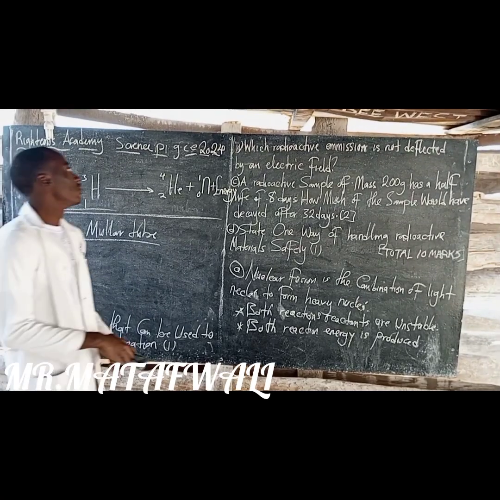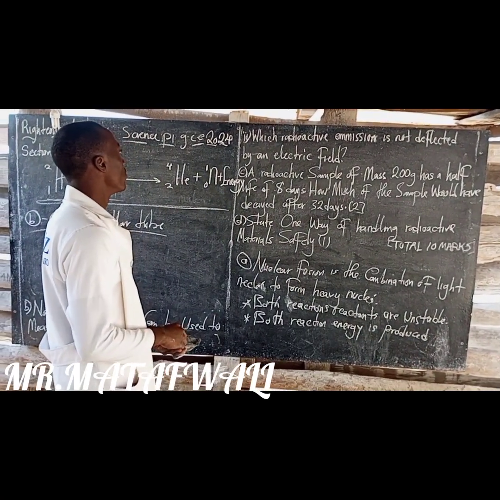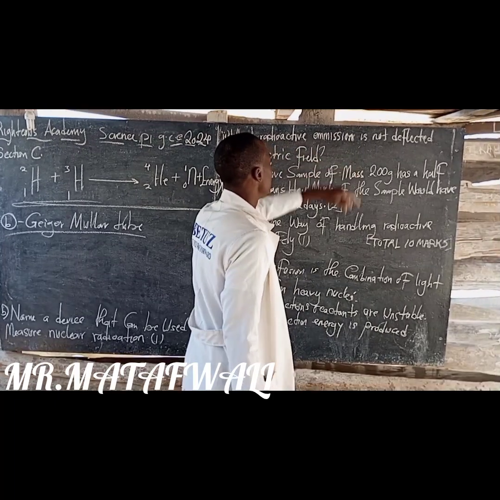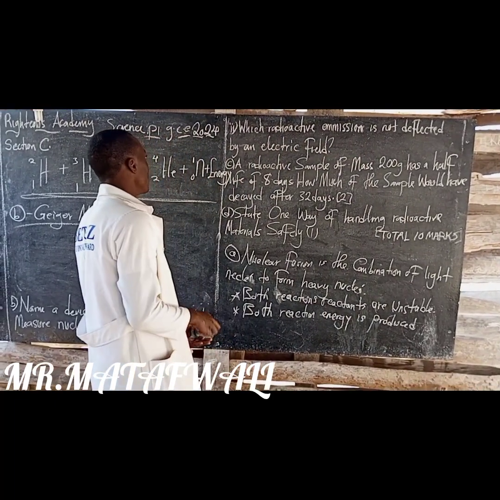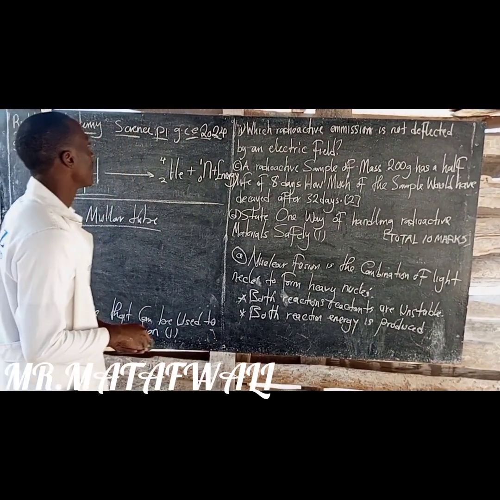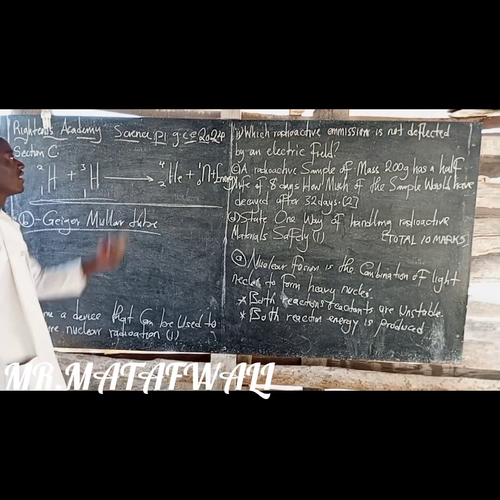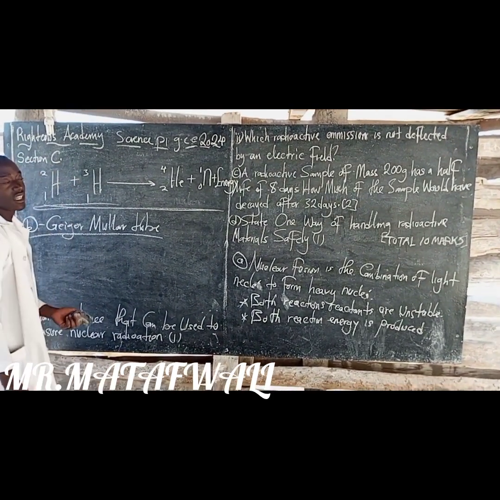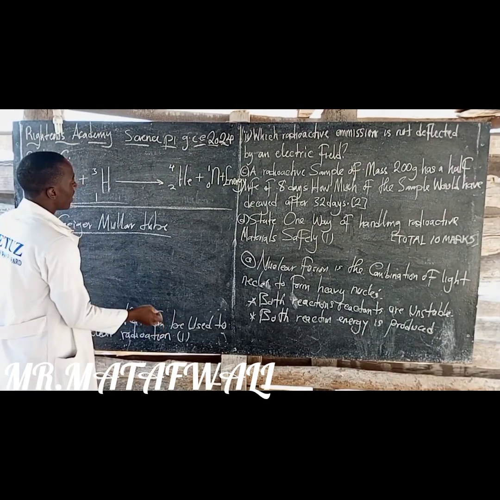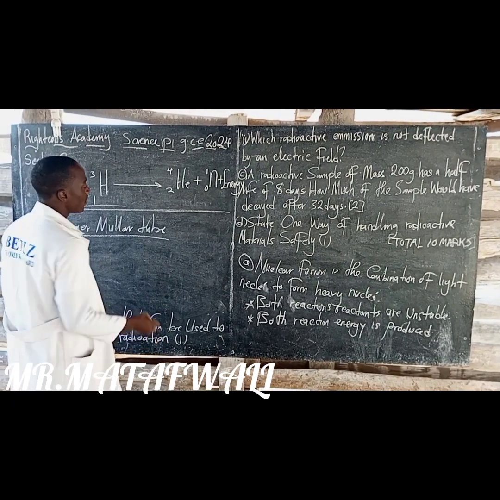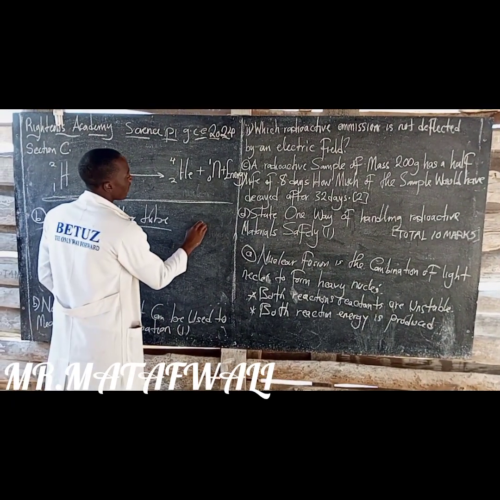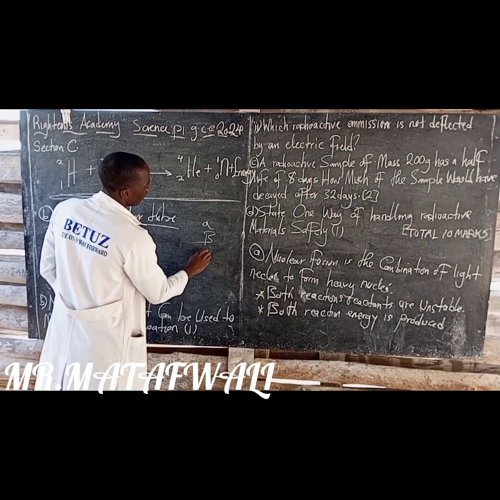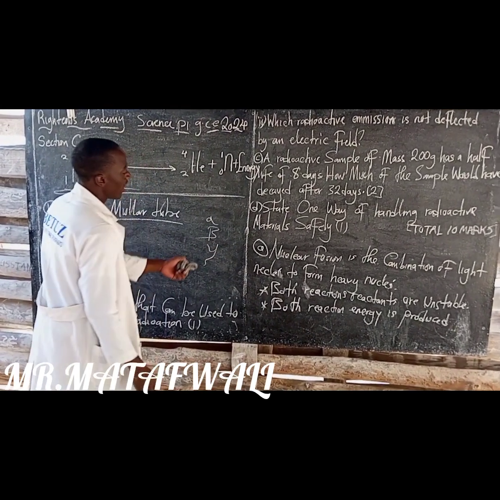Then we move on to B2, which was saying which radioactive emission is not deflected by an electric field. So for one to be able to answer this question, one has to understand the charges of the types of emissions of which we have. So we have alpha emissions, then we have beta particle, and then we have lastly the gamma ray.